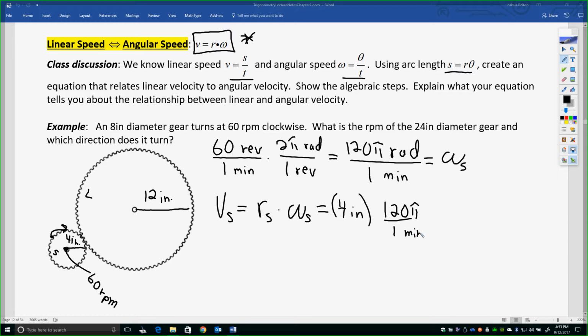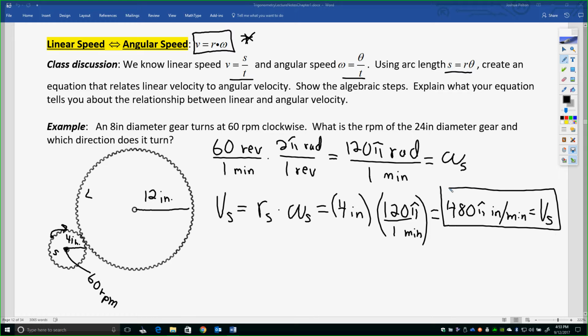We don't need to put the radians in there. So that gives me 480 pi inches per minute. That is the velocity of the smaller gear.